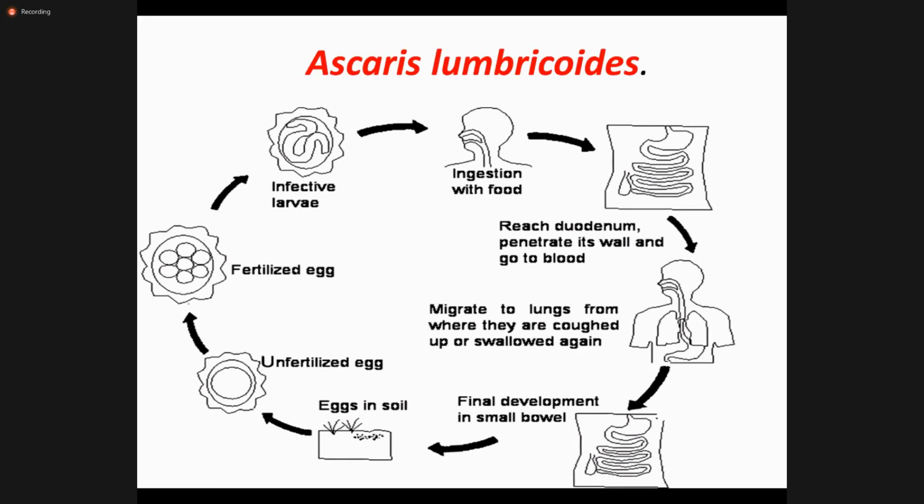So it is also called the giant roundworm. Thousands of eggs are laid daily and passed in the feces. Major damage occurs during larval migration. As I have mentioned, these larvae pass through the respiratory tract as well as the GIT tract. So during the migration, they cause major damage, right?